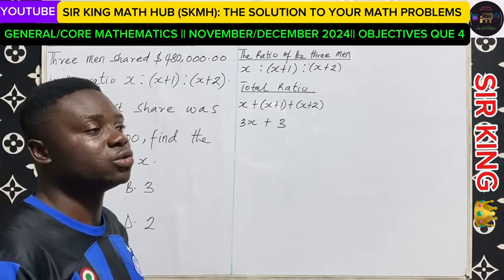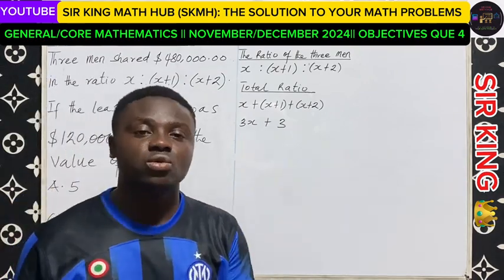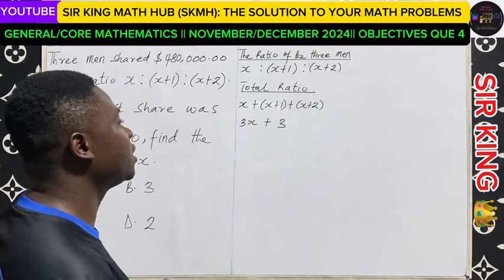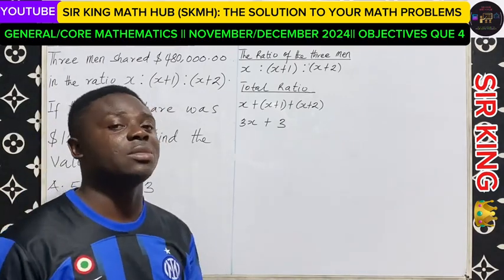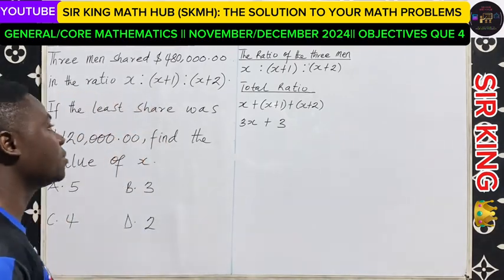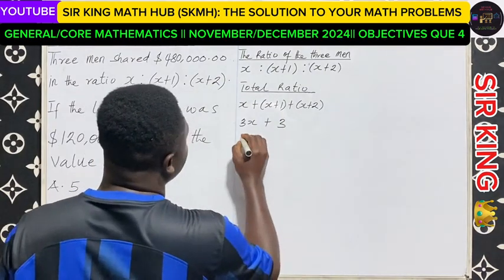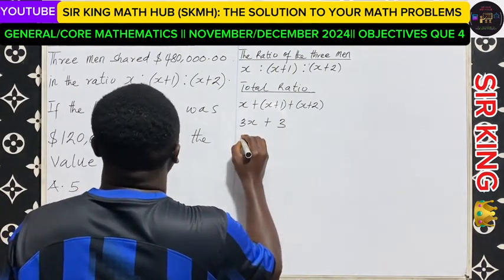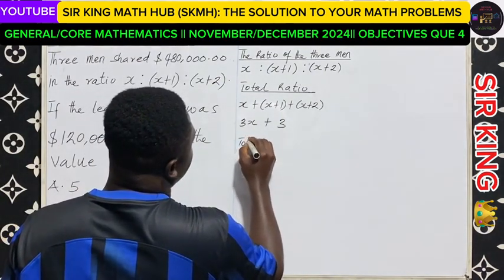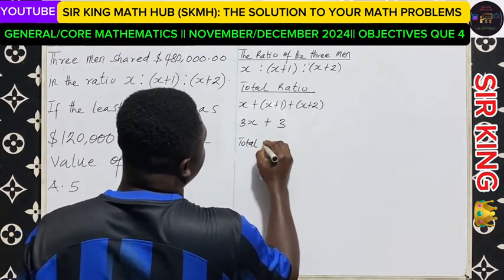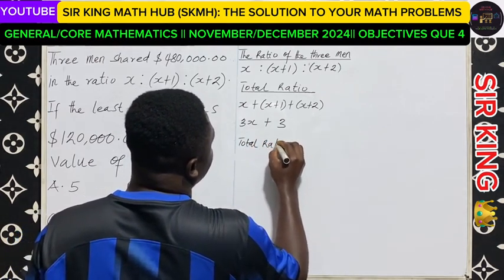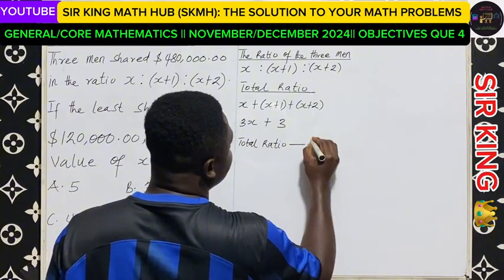That is all about ratio. Total ratio goes with total quantity. So in this case, the total ratio must go with the total amount shared among the 3 men. So we can say that their total ratio corresponds to total amount.